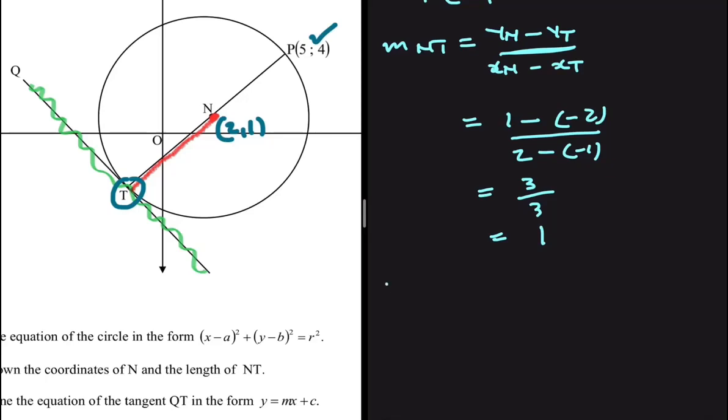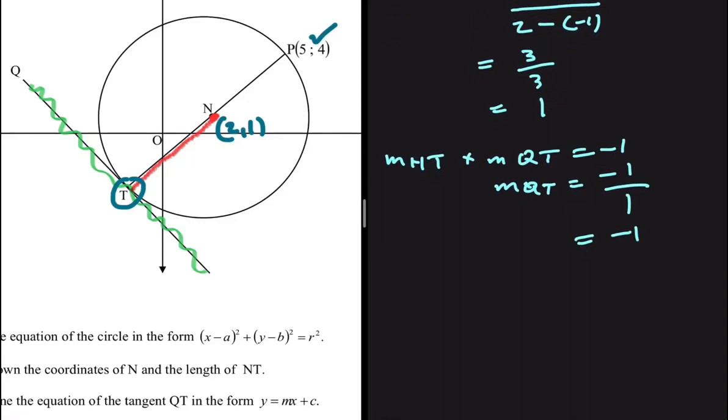Right, so now we can say that the gradient of nt multiplied by the gradient of qt is equal to minus 1. So the gradient of qt is going to be equal to minus 1 divided by the gradient of nt, which is 1. So the gradient of qt is equal to minus 1. So now we know that for our equation of the straight line of the tangent, y is equal to minus x plus c.